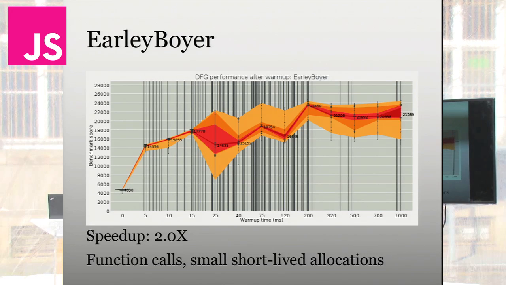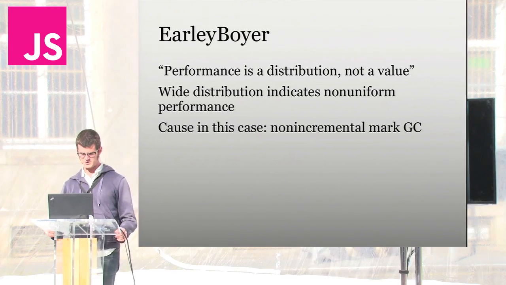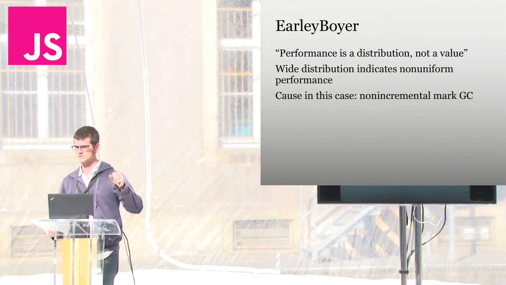I think the outside color corresponds to 90% of the samples, and that red in the middle is the middle 10%. You can think of the reddest red as a kind of median line on these. So it's just an indication of this thing.